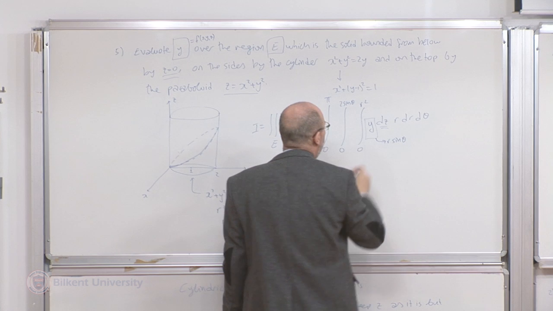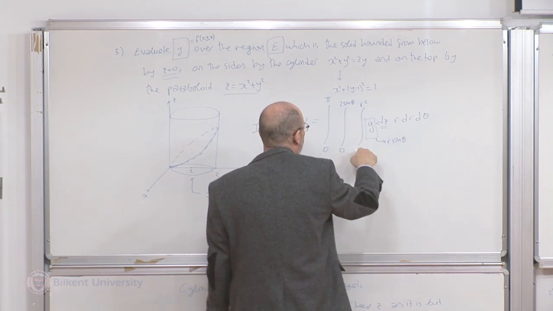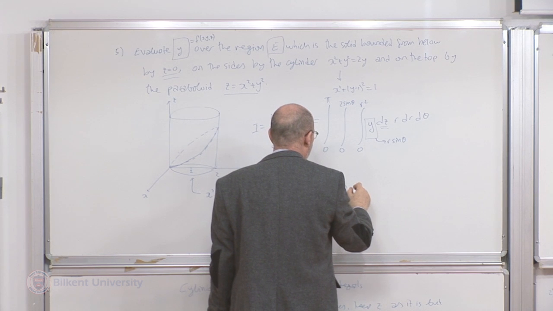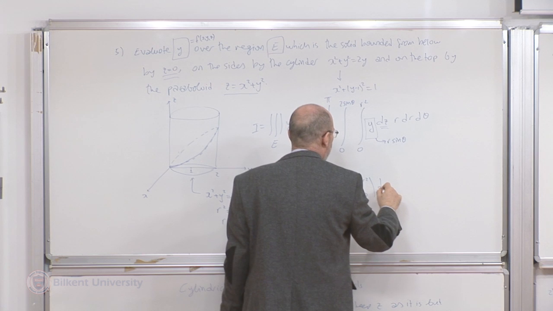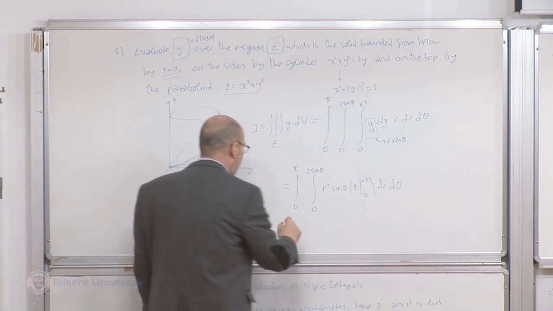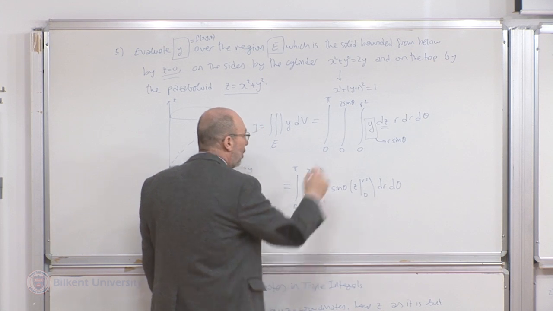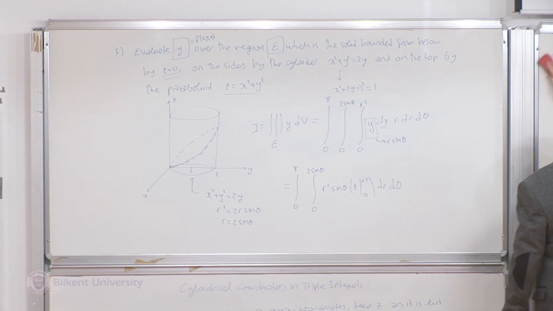I'm integrating this with respect to z, so it will give me r squared minus 0. So let me write the integral of r squared sine theta from z equals 0 to r squared, dr d theta. Let me do it over here because I will say a few things.